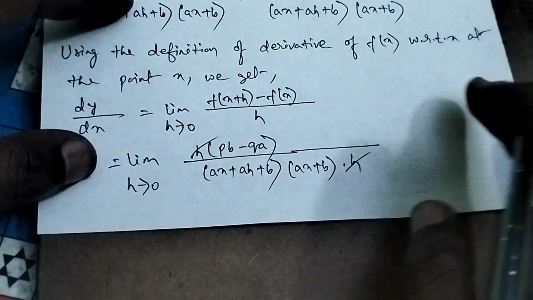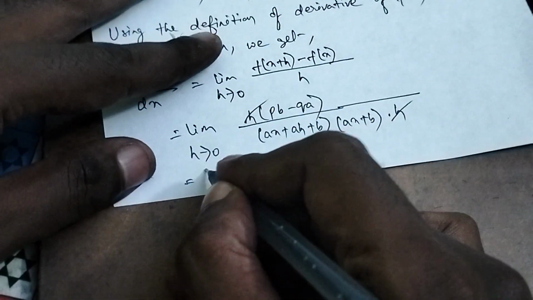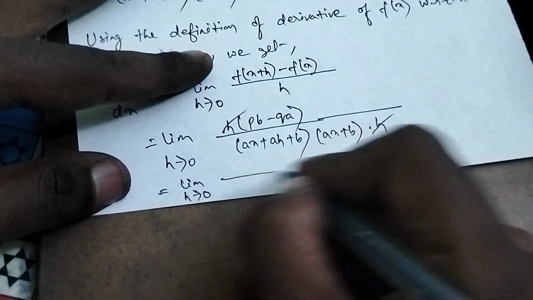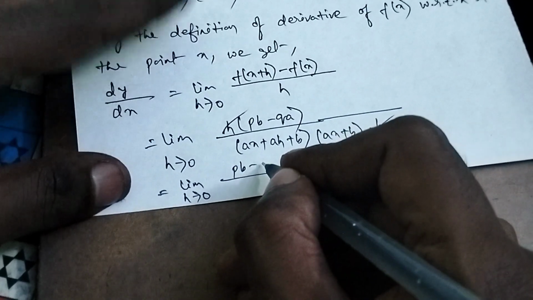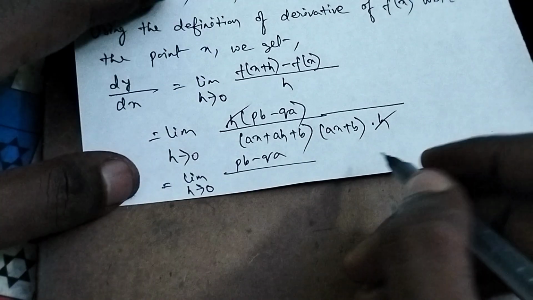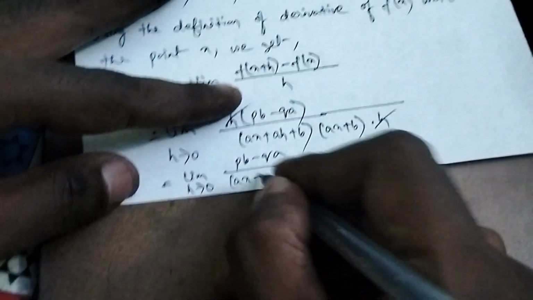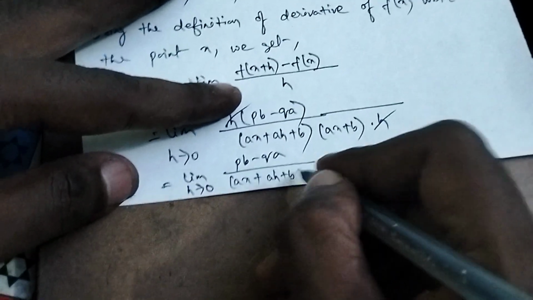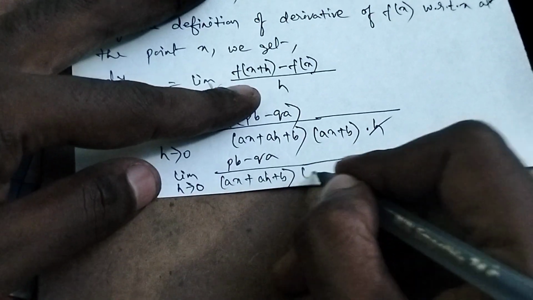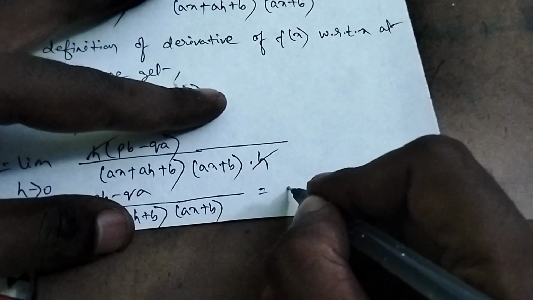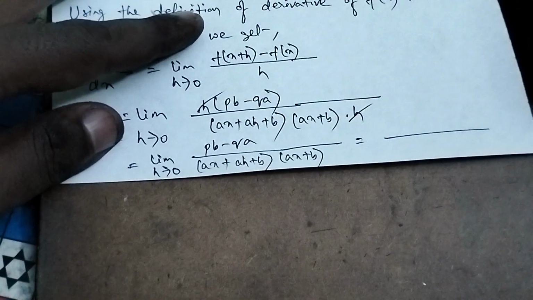Okay, so now limit h tends to 0, (pb minus qa) by (ax + ah + b) into (ax + b). Okay, so now we are going to replace h by 0.